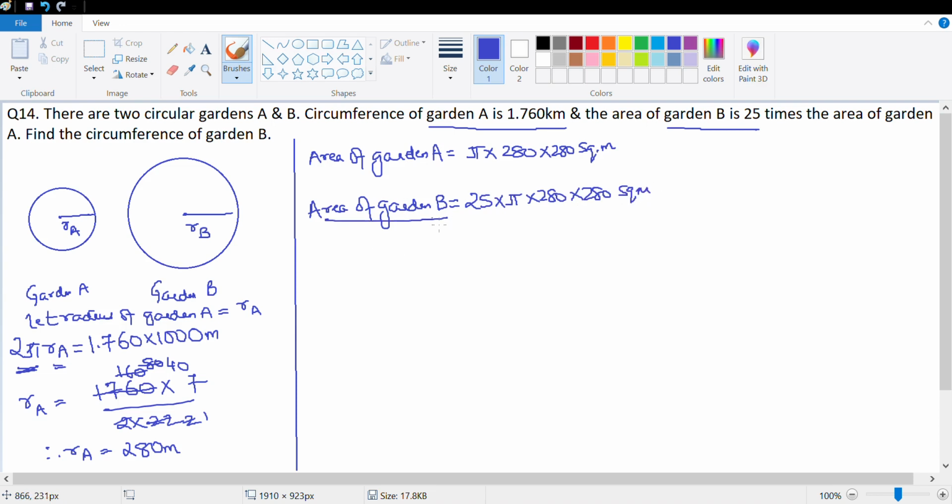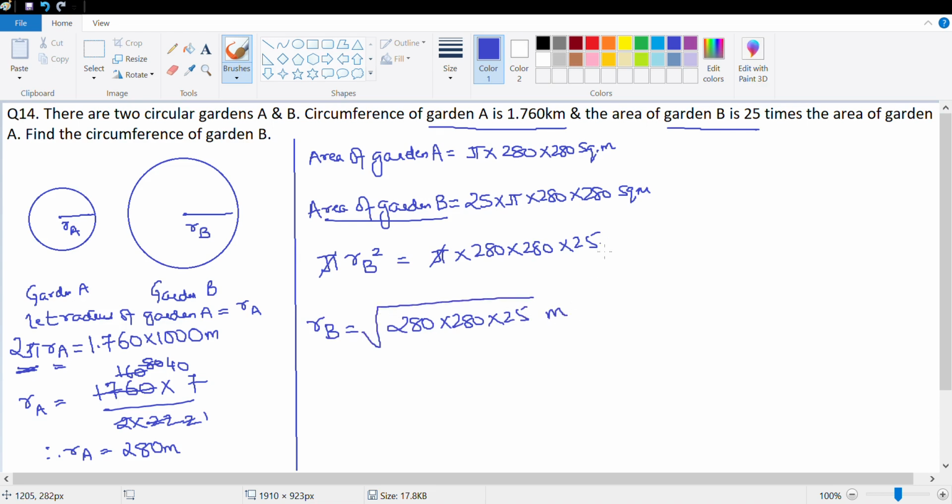Now we know area of a garden would be equal to pi RB square, which is pi into 280 into 280 into 25. So pi and pi get cancelled, which means RB would be equal to the square root of 280 into 280 multiplied with 25, meter.